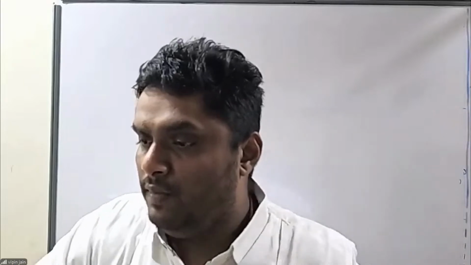Let's start with illustration number 6 of the study material. I request you guys to please open your study material. I'll be discussing illustration number 6 now. So let's start with illustration number 6.